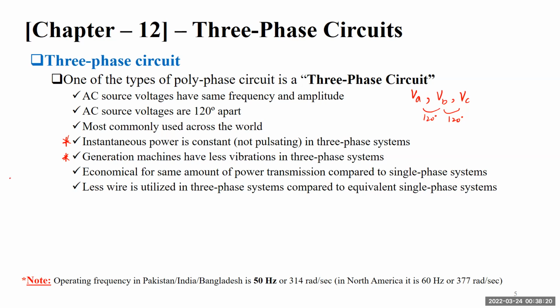Similarly, if there is an Indian, Pakistani, Bangladeshi or Sri Lankan textbook, or for that matter a British textbook, they operate on 50 hertz frequency, and that is 314 radians per second. And remember, omega equals 2 pi f. Omega is the radians per second, f is the hertz.